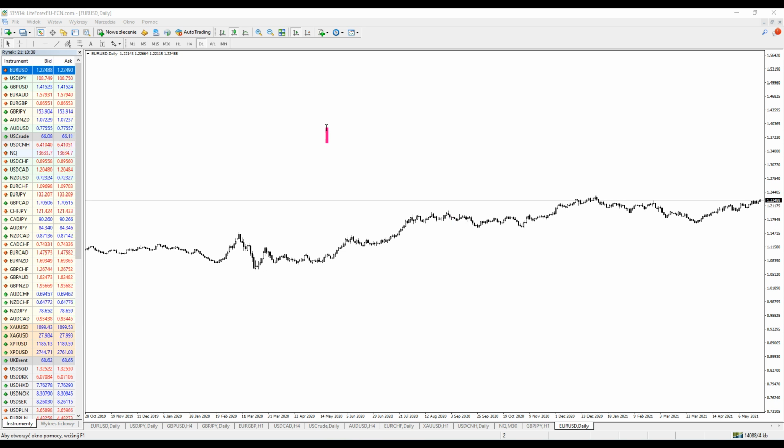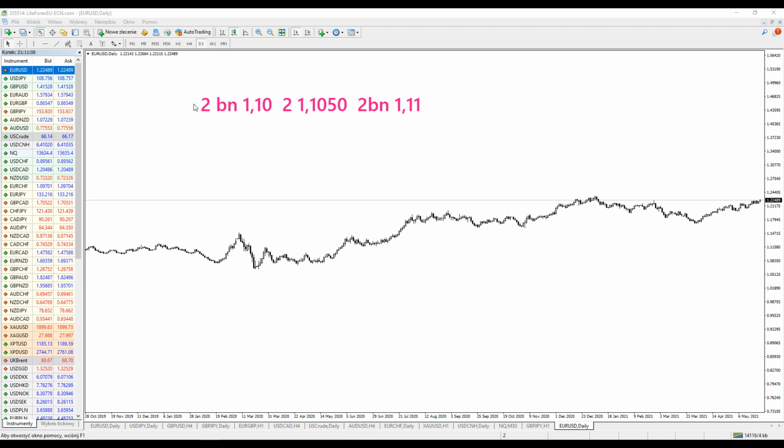So, for example, we might have 2 billion euro at 1.10, then we might have another 2 billion at 1.1050, and another 2 billion around 1.11.